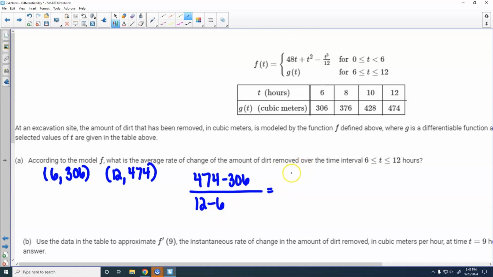That's going to give me 168 over 6, which reduces. You get 28.